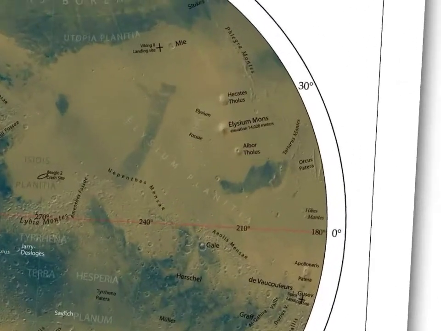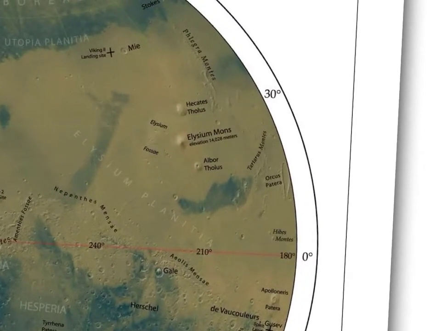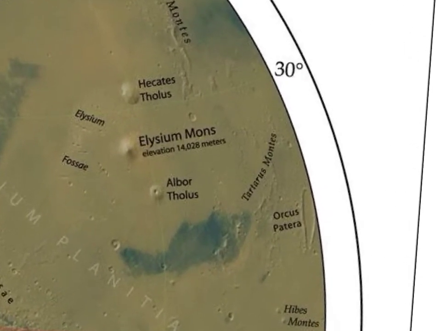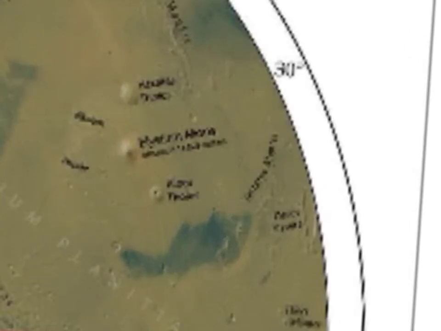We've got those Elysium volcanoes that we mentioned before. Elysium Mons. Mons just means volcano. Tholus is another word. Basically, we've got a lot of landforms that are sticking up out of the planet. They're either mountains or Mons or Tholus or Patera. These are conical volcanic structures sticking up.